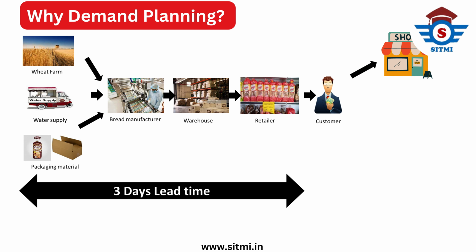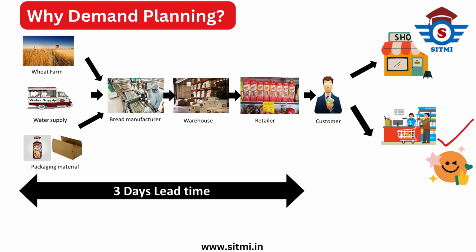Now assume that you have gone to a grocery shop asking for a packet of bread, and the shopkeeper took your order and asked you to collect the bread after 3 days, which is basically the lead time of the bread. Now you go to another grocery shop, where you get a packet of bread readily available in the shop.